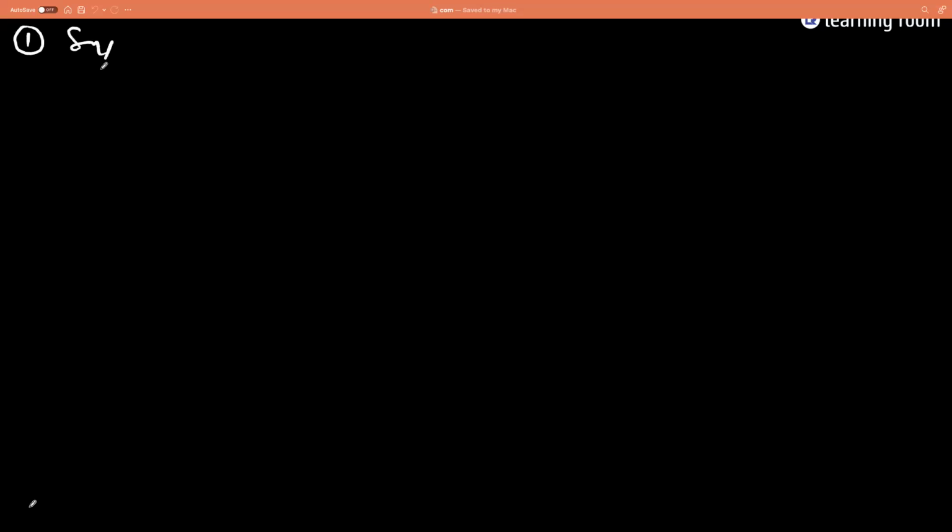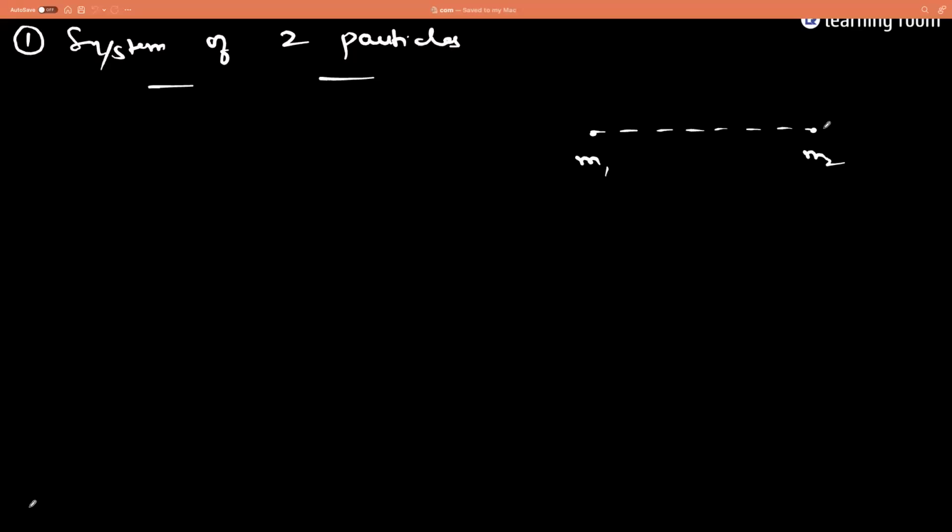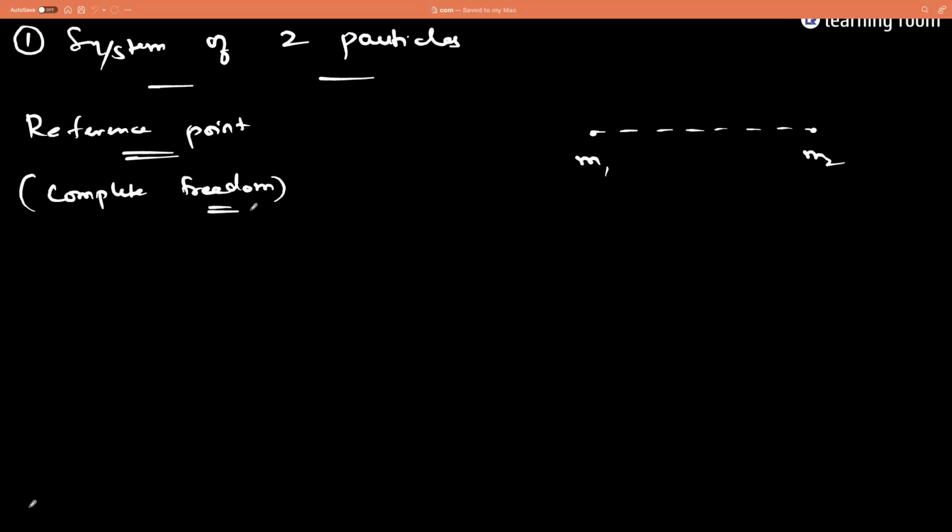So first, when I talk about a system of two particles, if I take one mass to be here and the other mass to be here. Listen, whenever you're trying to find the center of mass of a particular system, you need to have something called a reference point. And with respect to this reference point, you have complete freedom. There is no hard and fast rule saying that this should be the reference point or something else should be.